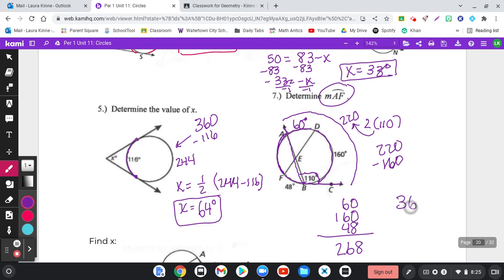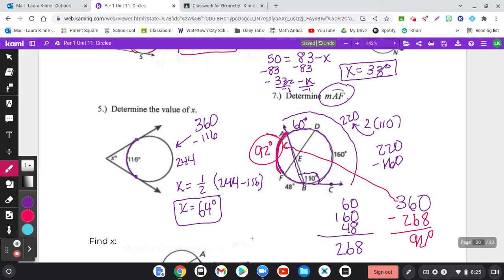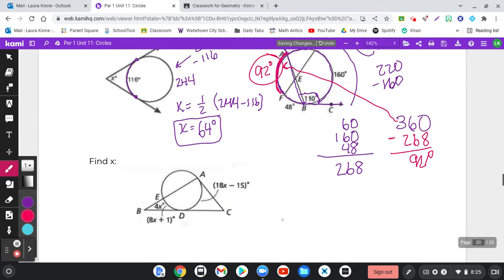And then if we want to find this missing part here, 360 minus the 268 is going to give us a value of 92. Okay. It's kind of like a puzzle, just seeing what you have.